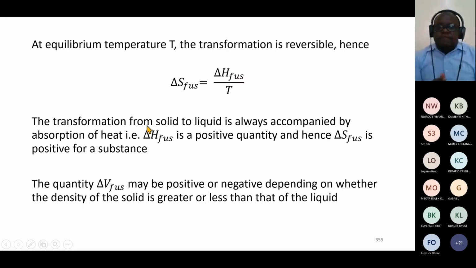Now the transformation from solid to liquid is always accompanied by absorption of heat. So usually the solid would absorb heat to turn to liquid. So delta H fusion is always a positive quantity, okay?